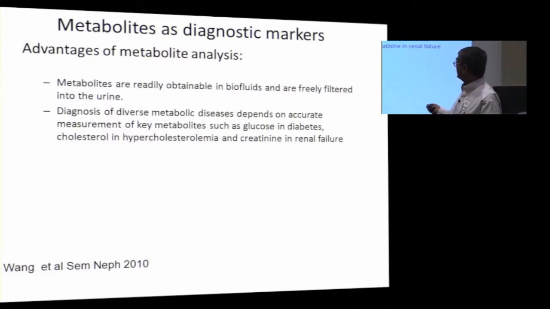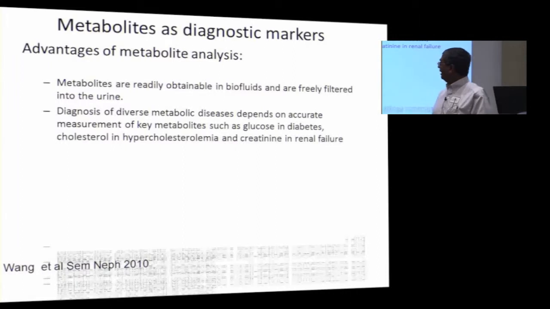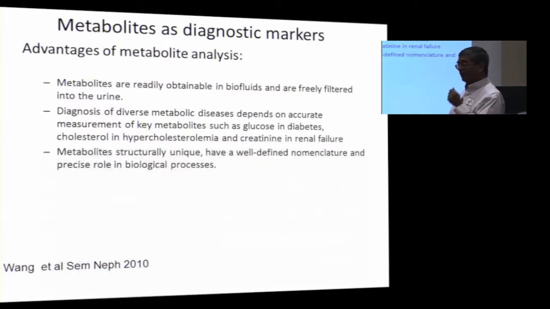We use glucose for diabetes, cholesterol for hypercholesterolemia, and creatinine for renal failure. And metabolites are structurally unique and have a very well-defined nomenclature and a precise role in biological processes. So it is relatively unique in terms of pathway determination.